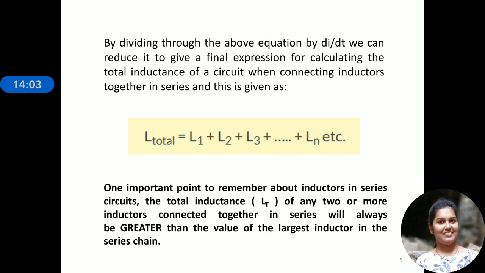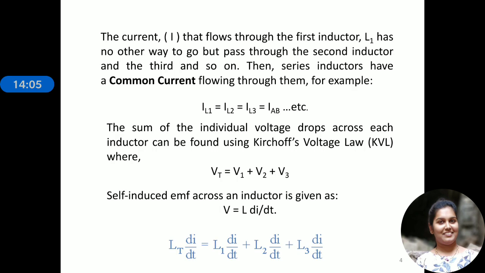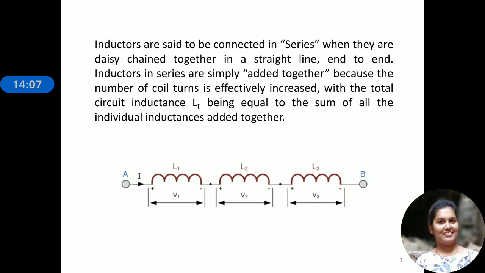For example, here we have taken three different inductors. The total inductance we get for this complete circuit will always be greater than the highest value of the three inductors. For example, suppose L1 is 1 Henry, L2 is 2 Henry, L3 is 3 Henry.